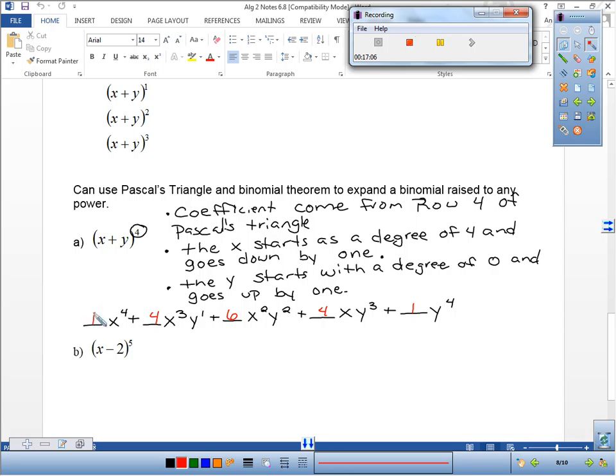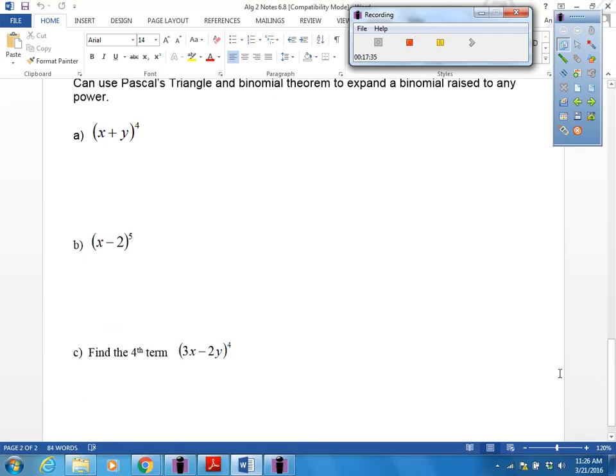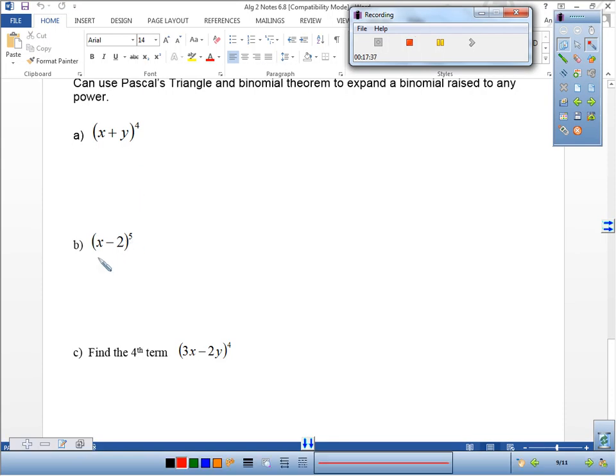Okay. Now, oftentimes they don't have just variables. Now they'll have numbers as well. So let me show you how we do that one. We do that same thing, only we're going to start with the 5th degree. So we have our blank for Pascal's triangle. You have x to the 5th power now.